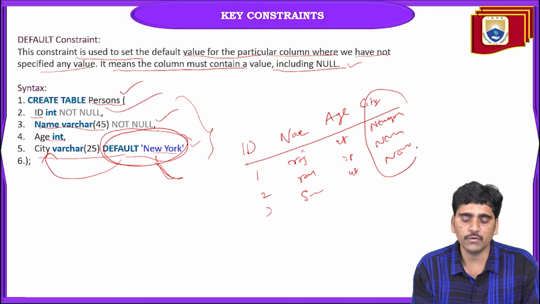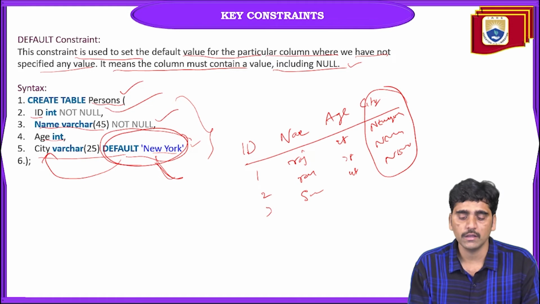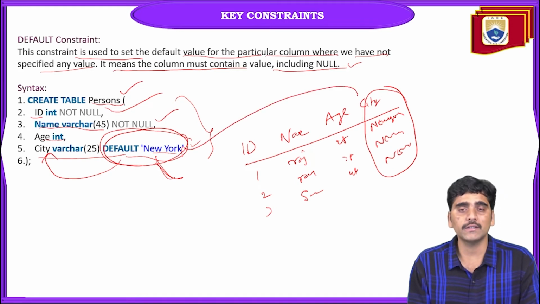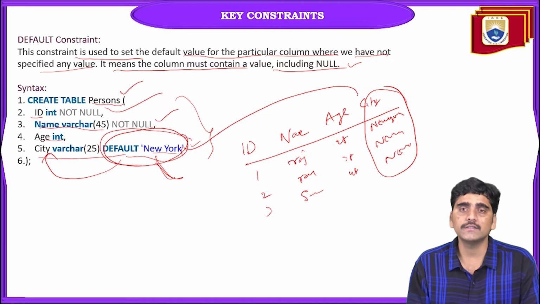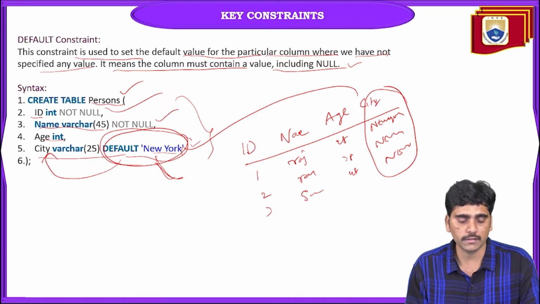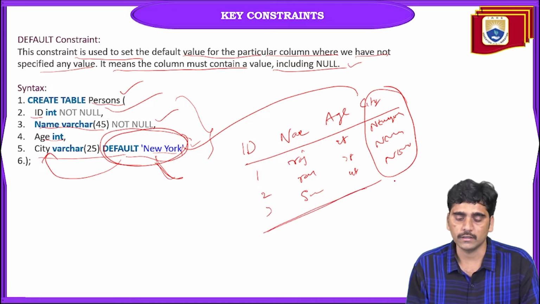So we don't want to enter the city values separately, because we are specifying the city as a default constraint. So this is the way you can understand the default constraint, right?